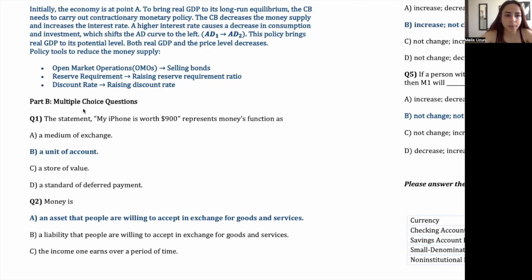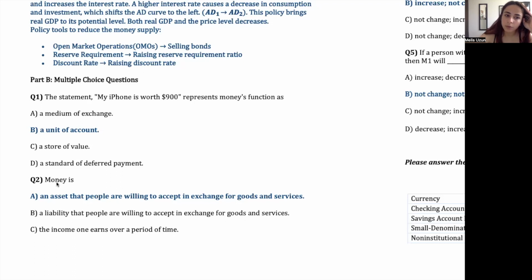Let's look at part B, the multiple choice questions. The statement, my iPhone is worth $900, represents the money's function as a unit of account because it's denominated in terms of money and currency. So the correct answer is that option. Question 2: money is an asset that people are willing to accept in exchange for goods and services.